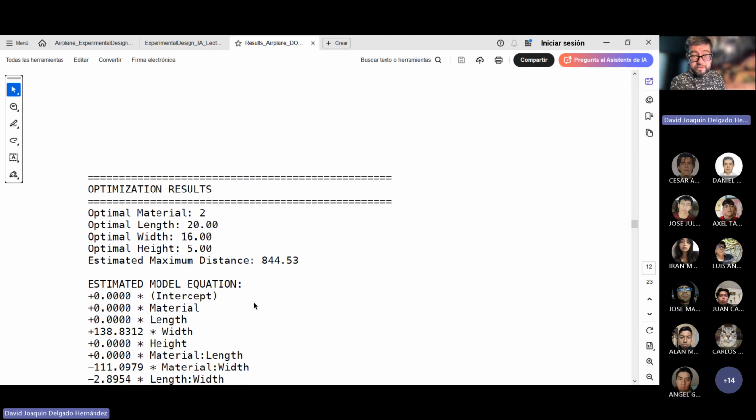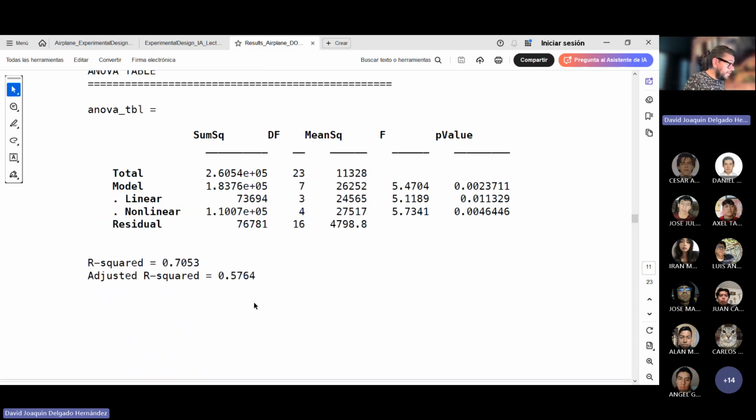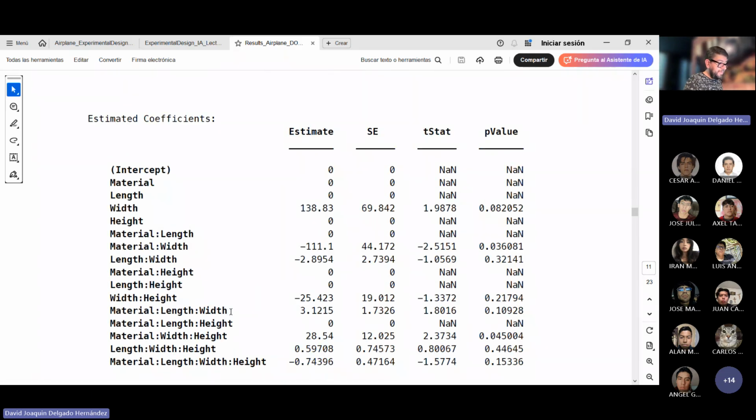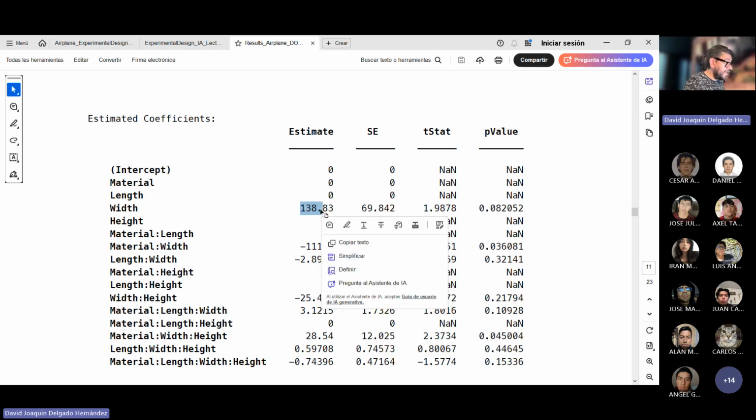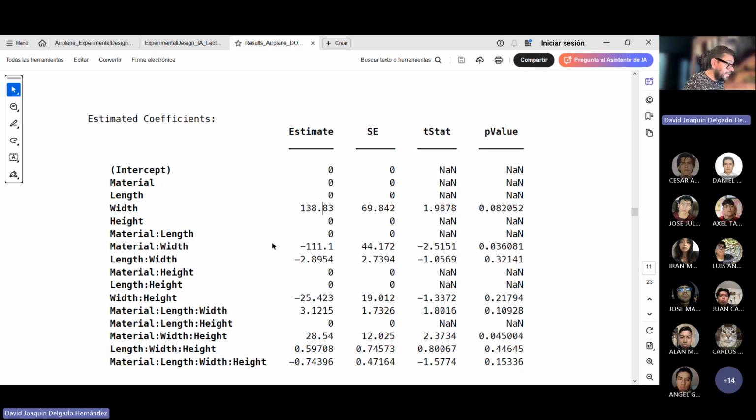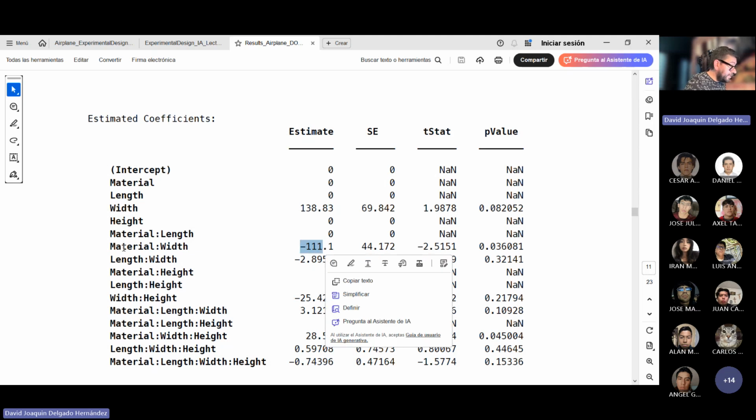Here are the results. With this model, this is a very big formula. It is like the ones that we put here. So distance equals this coefficient 138 times width minus 111 material times width minus, that will be the model.